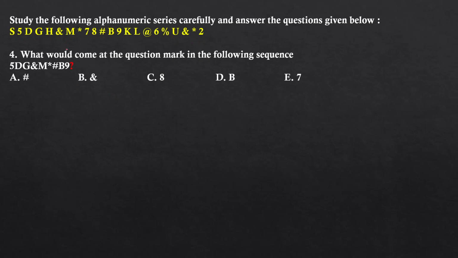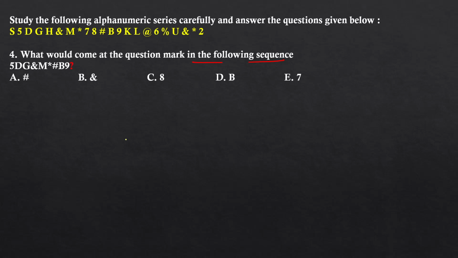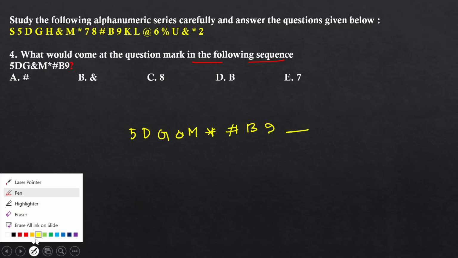Next one. What would come at the question mark in the following sequence? Let me write the sequence first: 5 D G, ampersand M star, hash B 9.